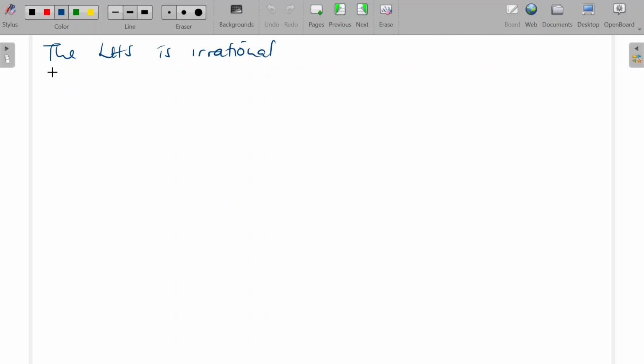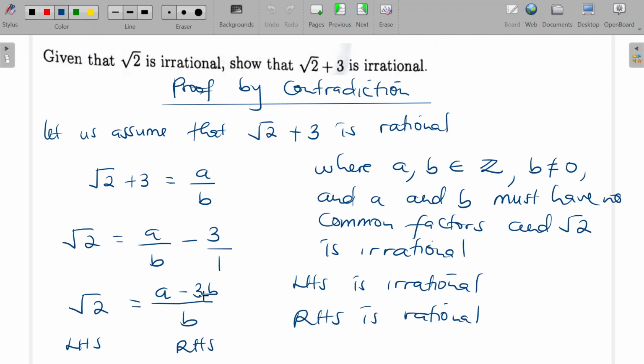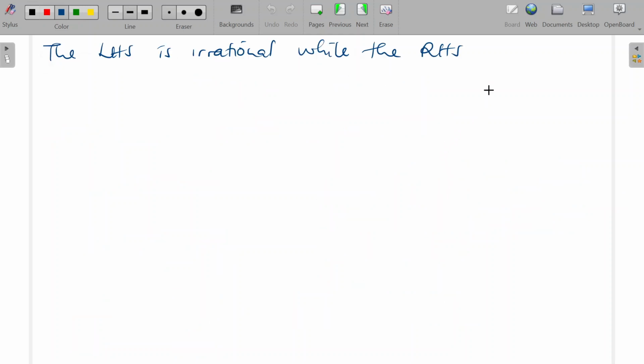So the left hand side is irrational, while the right hand side is rational because these are integers. You can subtract and then divide by b. These are integers, so you get an answer which is a rational number. So the right hand side is rational.